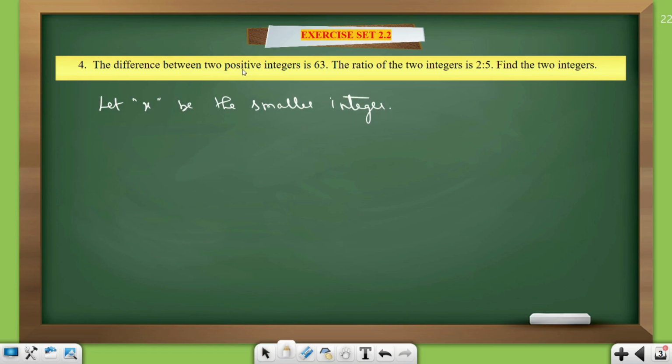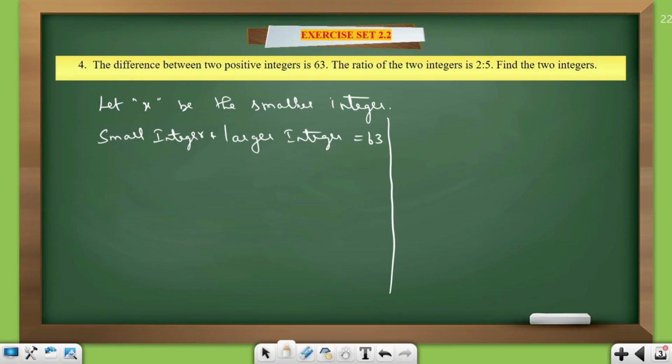Okay, so by using this clue, we know that the smaller integer plus the larger integer is equal to 63. This is given in the first line. So we took the smaller integer as x, right?